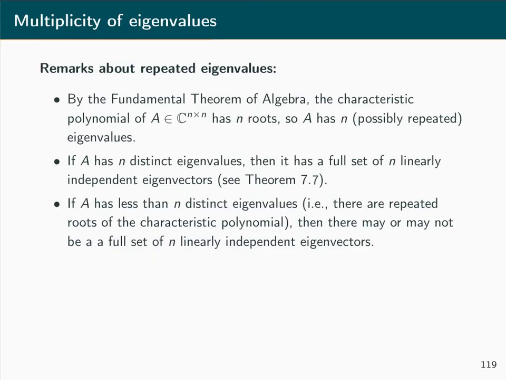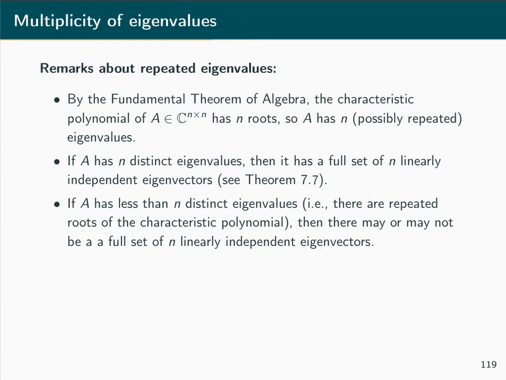Now for some remarks about eigenvalues, and in particular about repeated eigenvalues. As already mentioned, by the fundamental theorem of algebra, the characteristic polynomial of an n by n matrix has n roots, and therefore A has n possibly repeated eigenvalues. If A happens to have n distinct eigenvalues, then it does have a full set of n linearly independent eigenvectors.